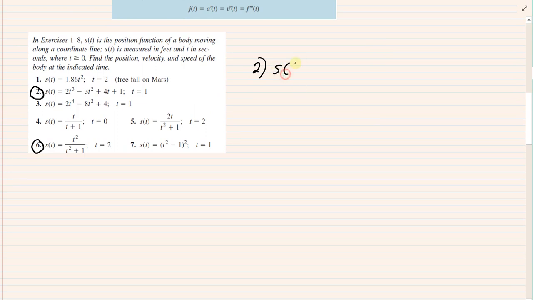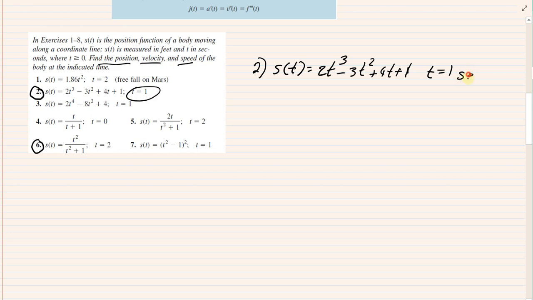So for number 2, the position s(t) is given by 2t^3 - 3t^2 + 4t + 1, and t is equal to 1. Okay, now the question asks us to find position, velocity, and speed at the indicated time, and the indicated time here is t equal to 1 second.